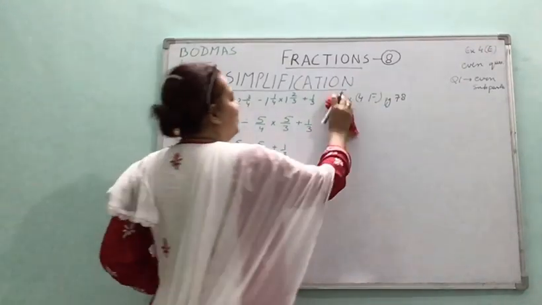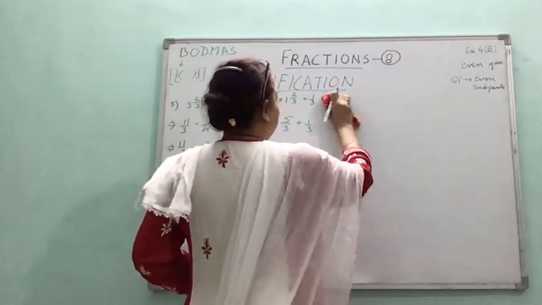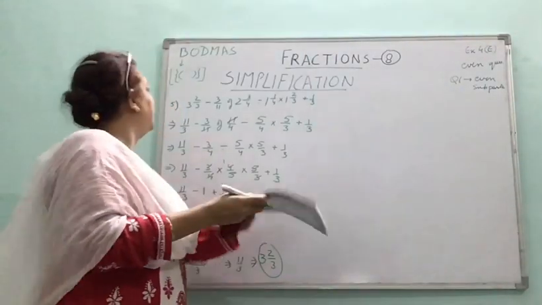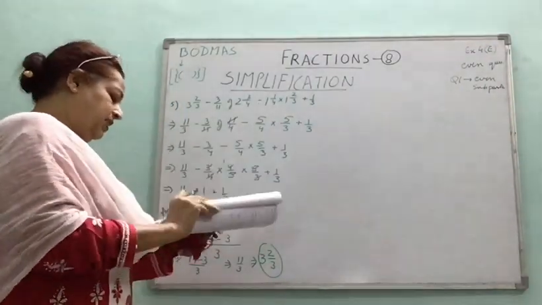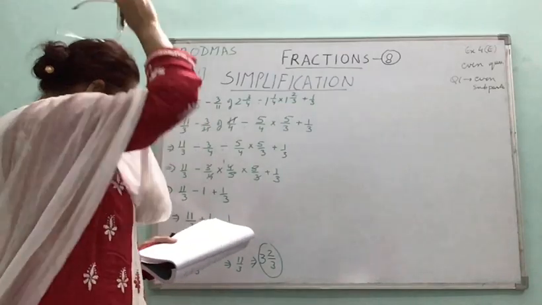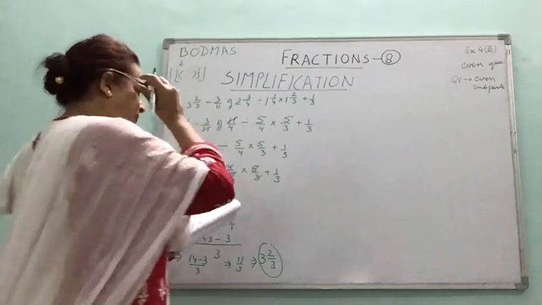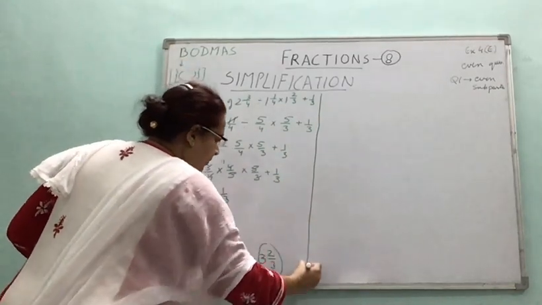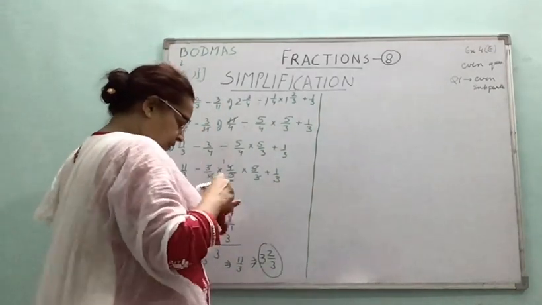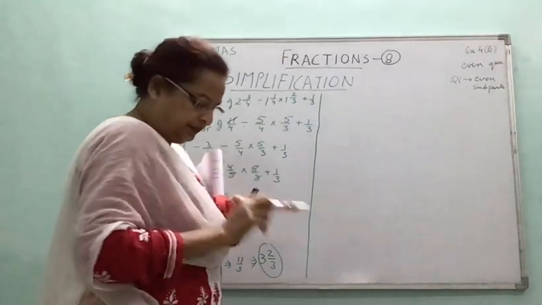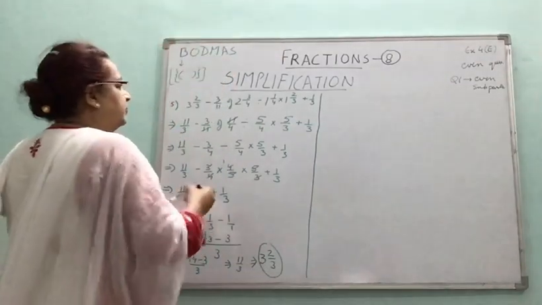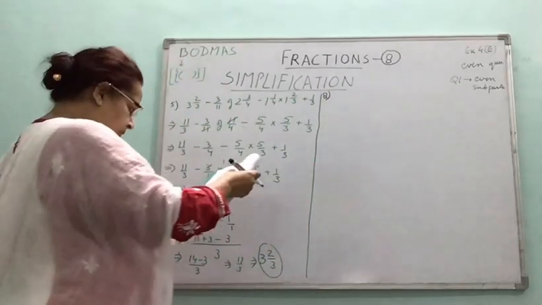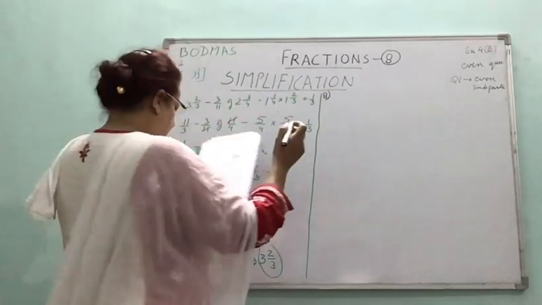I'll take another question. As I said, I have taken 5th question. Now I have marked 8th question. Question number 8. And the question is, now we have brackets, right?